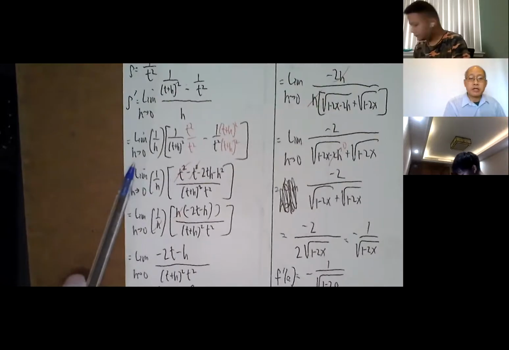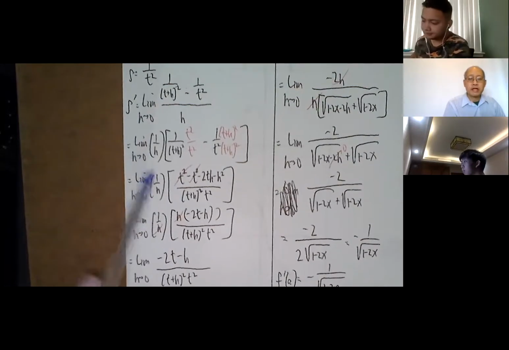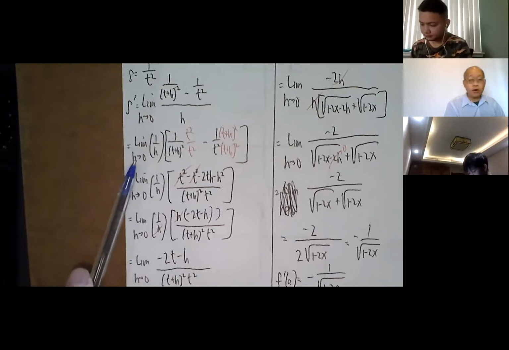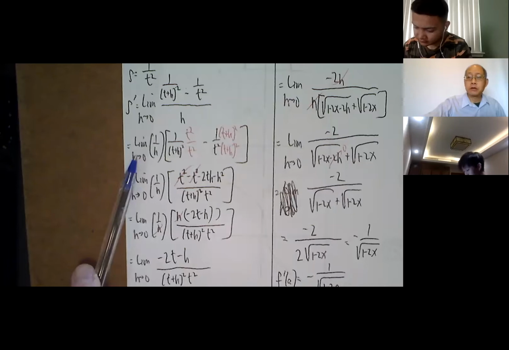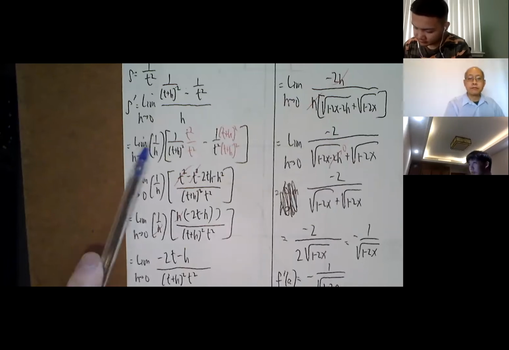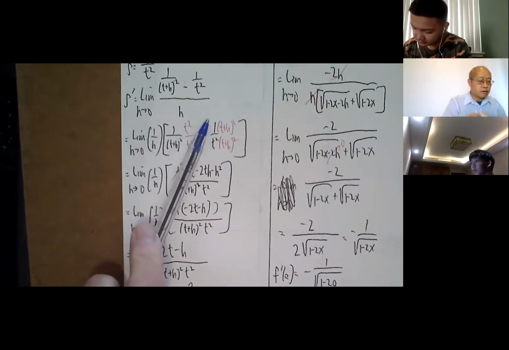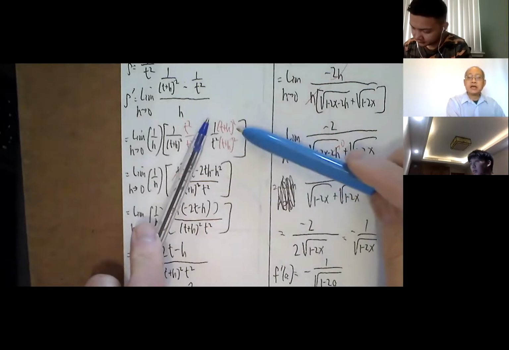All right, so this equals the limit as h approaches 0 of 1 over h. Notice, keep writing limit h approaches 0. If you don't put it, I can take off points. Okay, you need to write mathematics correctly also. This is t squared minus (t plus h) squared. You know how to do that.